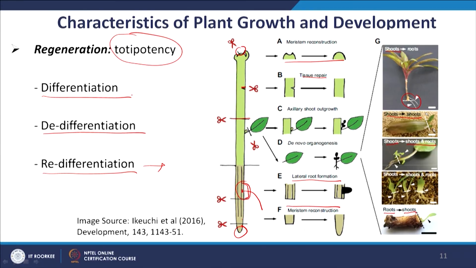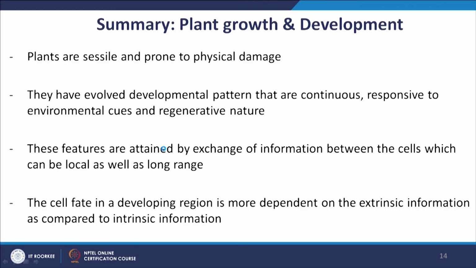So, plant cells have this capability that even if they are differentiated, if the proper signal is given and if required, they can undergo de-differentiation and redifferentiation. If we summarize all the characteristic features of plant growth and development, plants are sessile and very prone to physical damage, and that is why they have evolved a developmental pattern that is continuous, responsive to environmental cues and regenerative in nature.